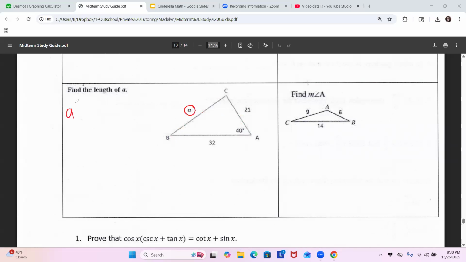So you do that one squared equals the two others squared and added together, minus 2 times those two others times cosine of the angle across from the one you want. Now this looks horrible, but this is all just numbers. So we're going to come to our calculator and very carefully type that in.